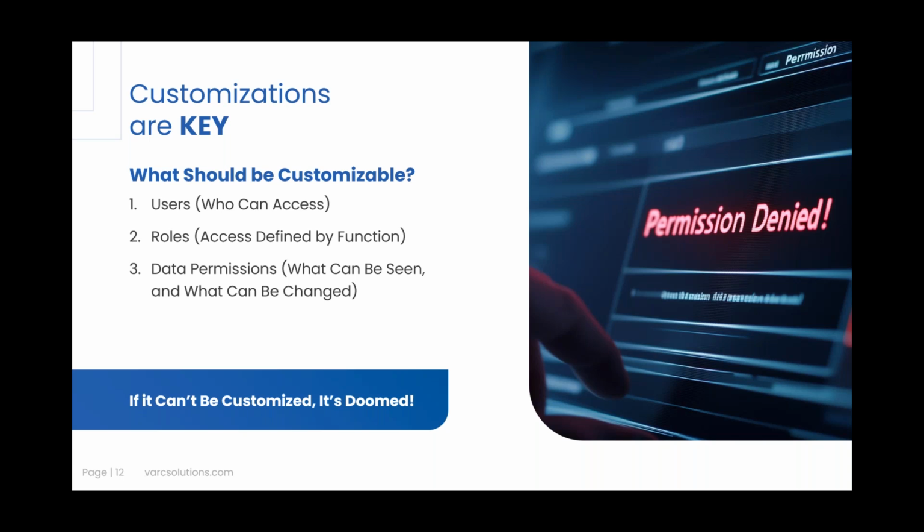I might have a project manager role that I want to allow to see and do certain things. I might want an accounting person role that can do other things. I might want a senior leader role that can look at and do certain things, but maybe not touch and mess up other things, right? So you need to be able to define roles and then limit the ability to add, edit, delete, report on, etc., based on those roles.